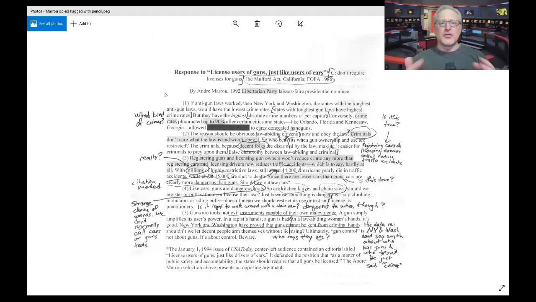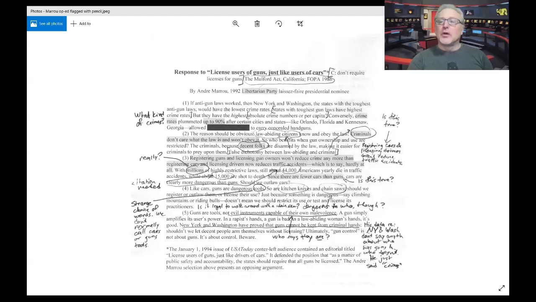Are they shootings? Are they holdups using guns? It doesn't say. If it's just crime overall, if it's just an average of all kinds of crimes, well, the vast majority of crimes don't involve guns, so it's unlikely that how many guns there are would have much of an effect on the overall rate of crime if it includes crime that doesn't involve guns.